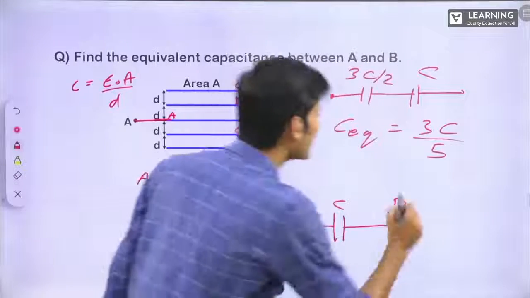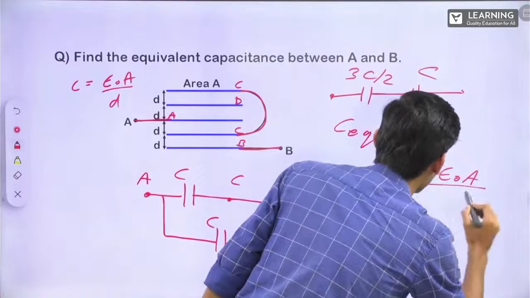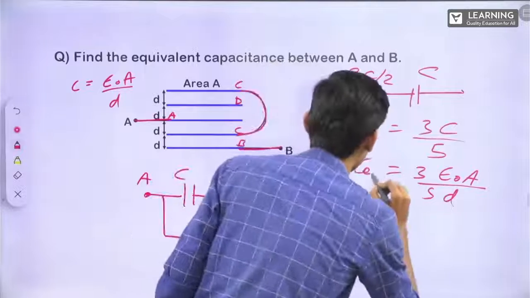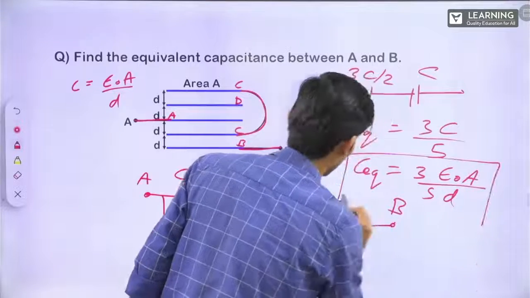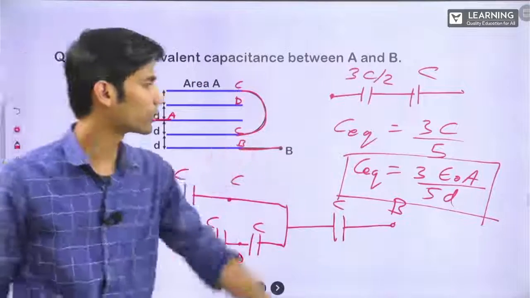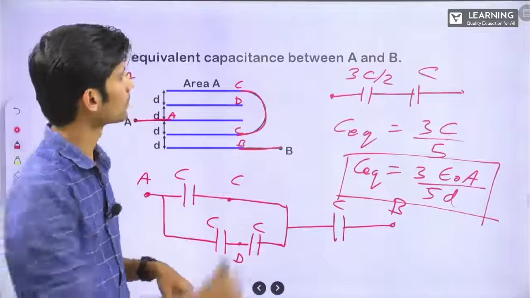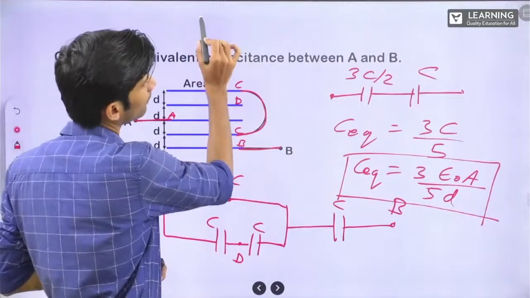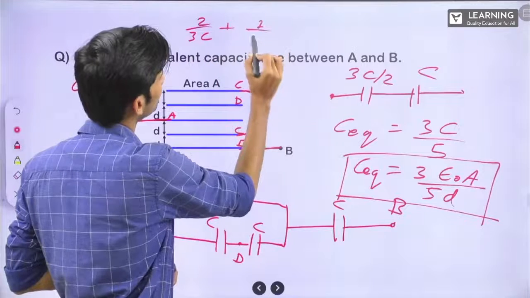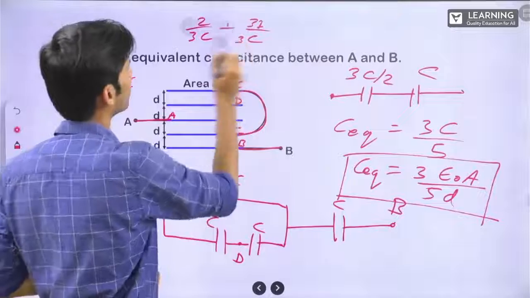But the answer will be 3 epsilon naught A by 5D. This is our C equivalent. C is epsilon naught A by D, we have to replace that. 3 epsilon naught A by 5D. I hope it's right. Again, I'll just check. 2 by 3C plus 1 by C, 3 by 3C, 5 by 3C, 3C by 5. Correct.